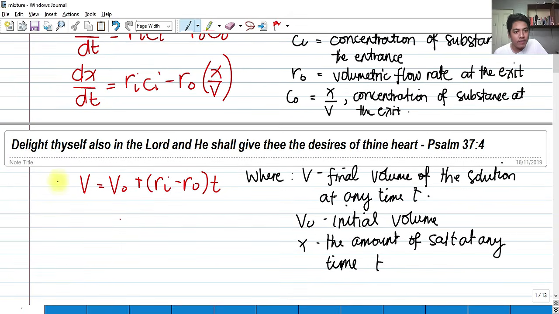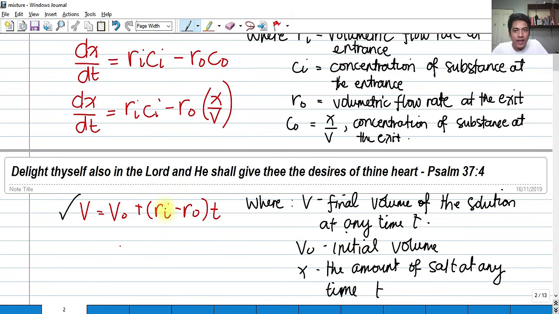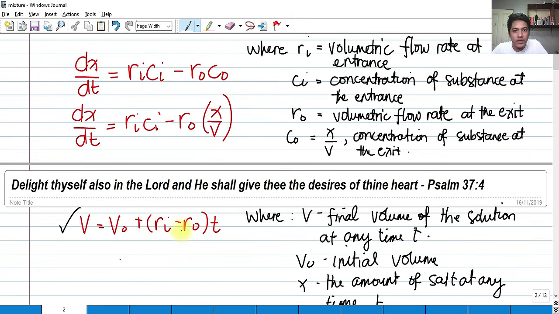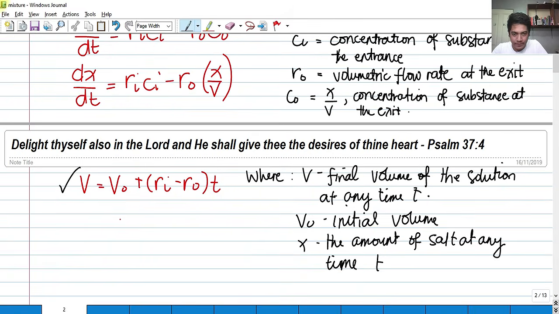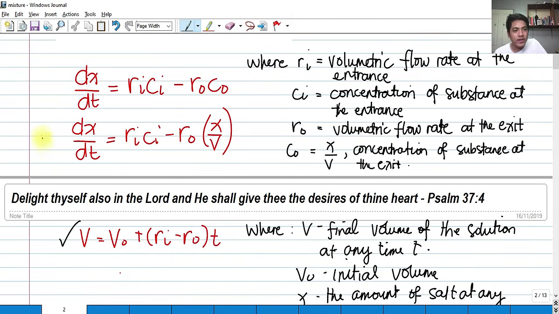The volume at any time t is given by v equals the initial volume v naught plus the volumetric rate at the entrance minus the volumetric rate at the exit, multiplied by time. So we have to familiarize ourselves with this.